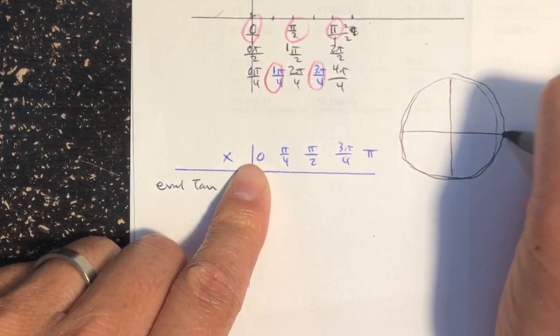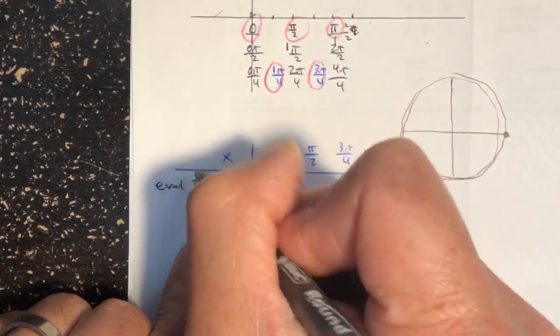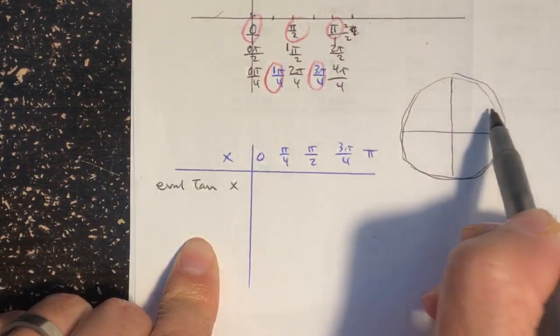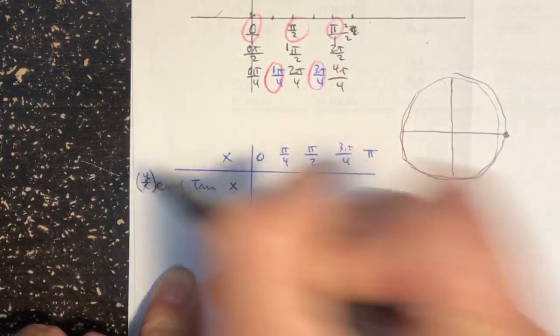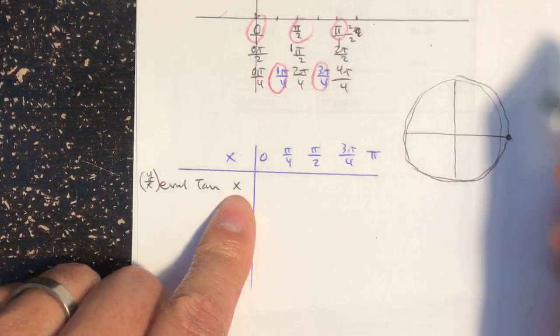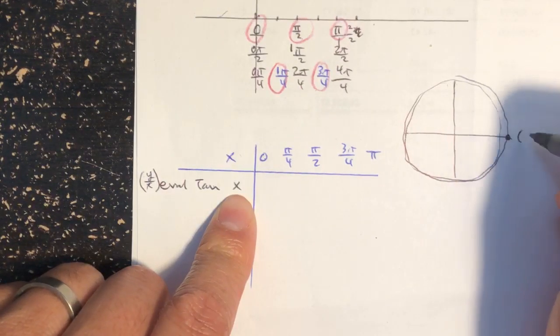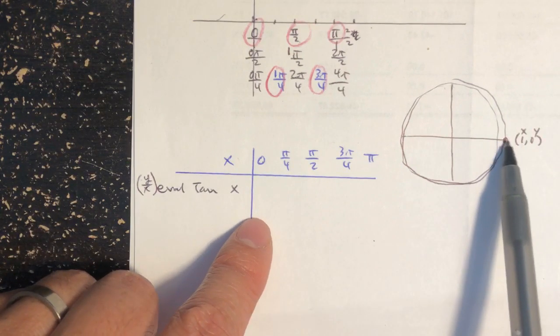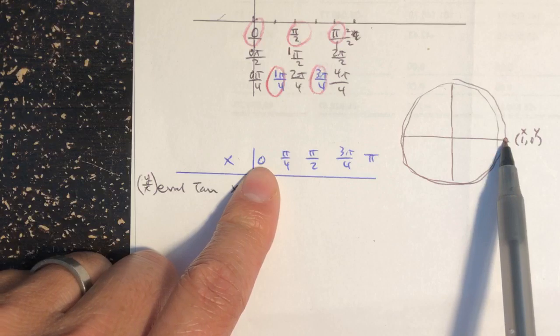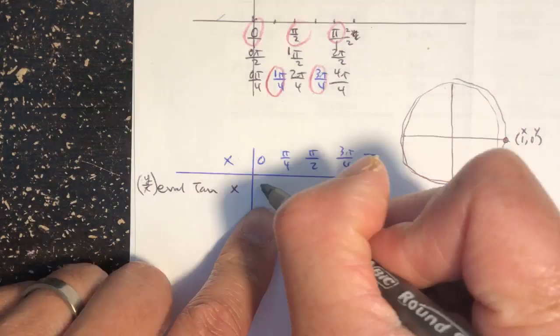Remember, tangent uses the ordered pairs y over x. The ordered pair going to the right is (1, 0), so tangent at 0 radians is y over x, which is 0.